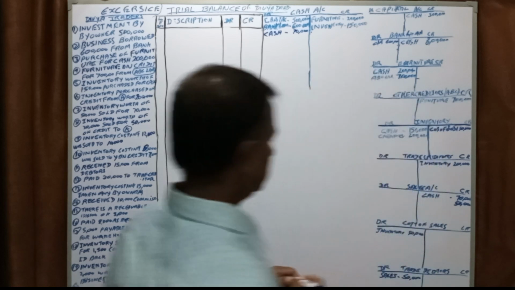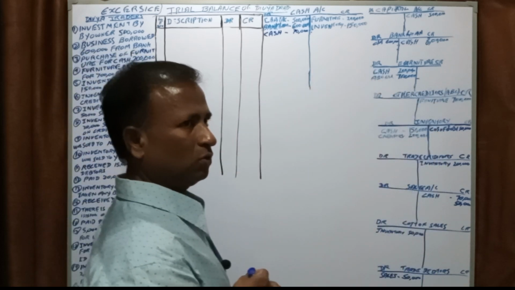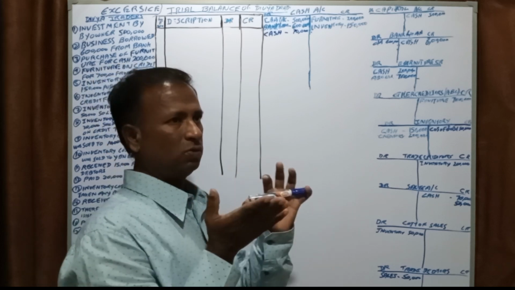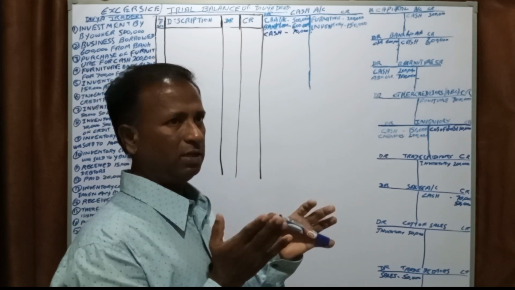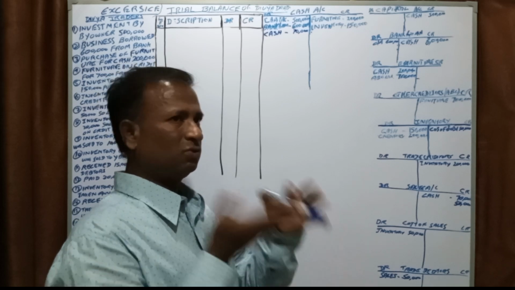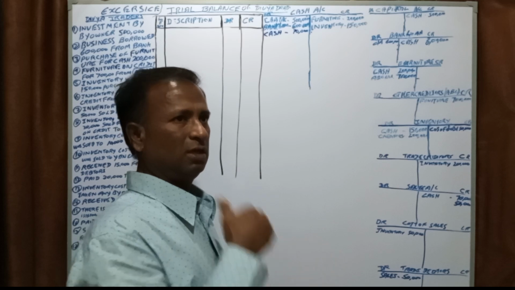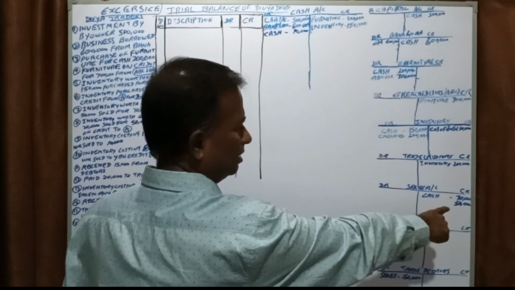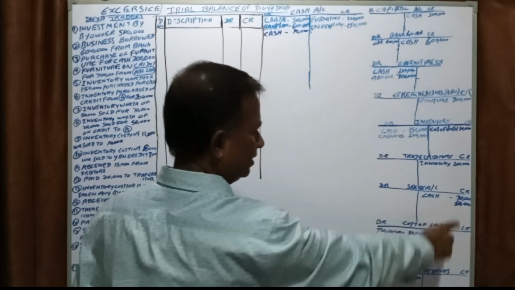Sales account credited because we have sold the goods on credit. Goods have gone out, then inventory goods has gone out for the sales. The sales is the revenue. Revenue always has to be credited.